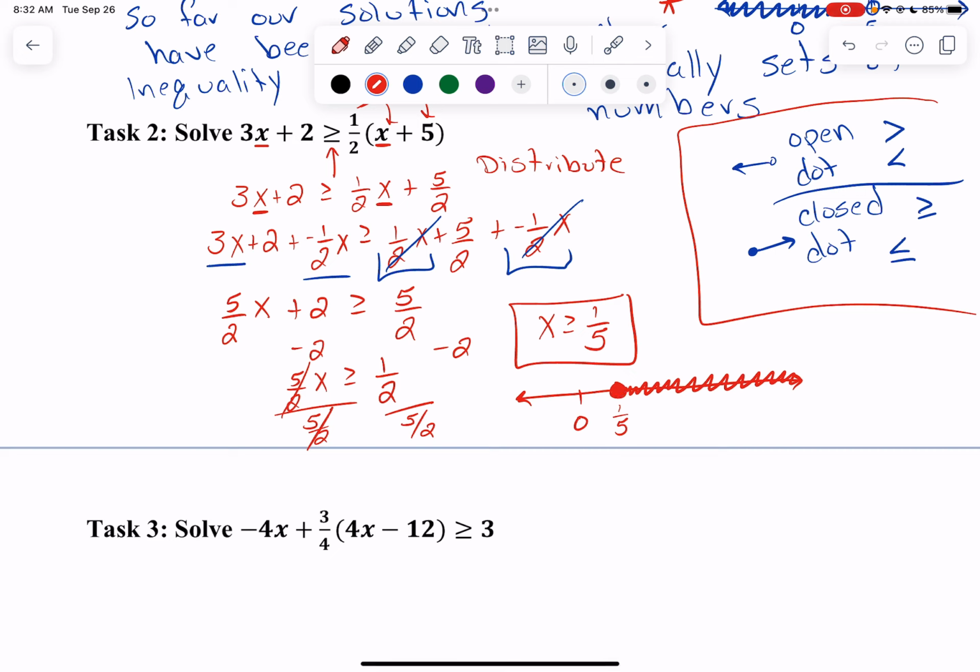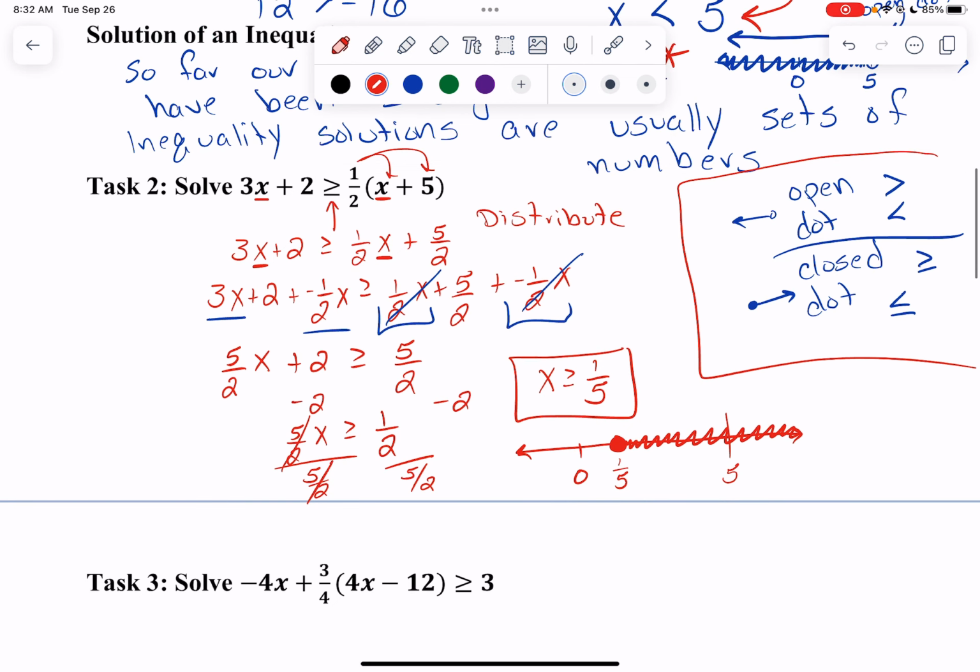Basically, if I plug any of these numbers in up here, they will work. So a good way to check it is to try a number. Let's say 5. Put 5 in for your x's and see if it works. I would just use the calculator.